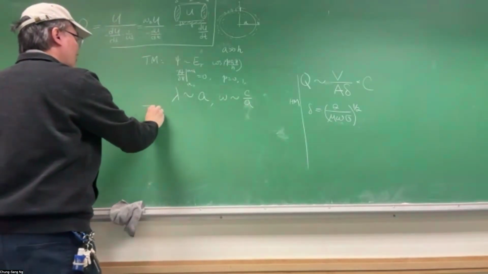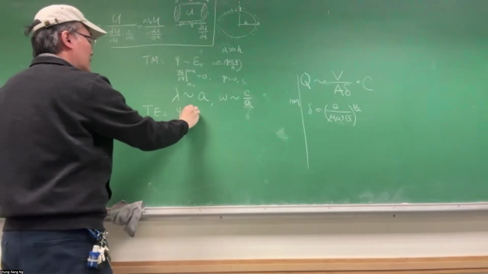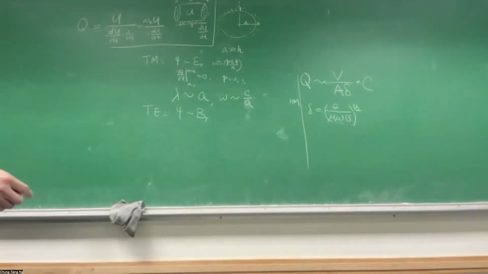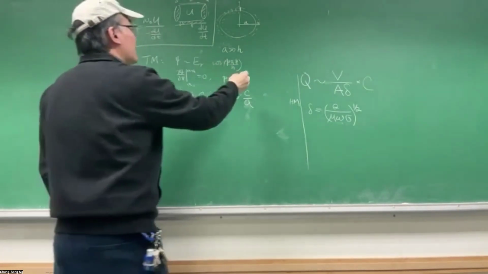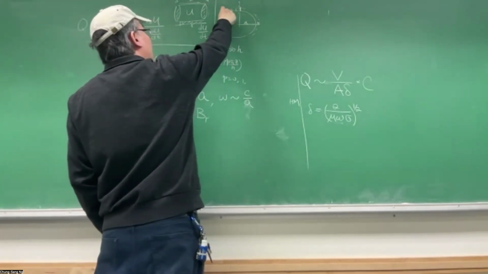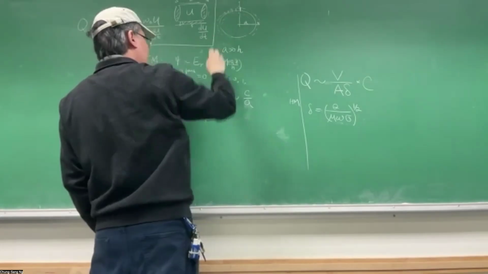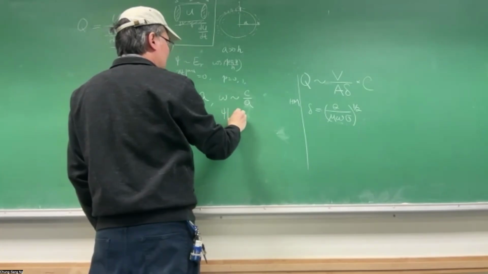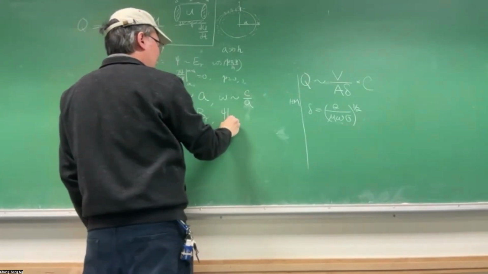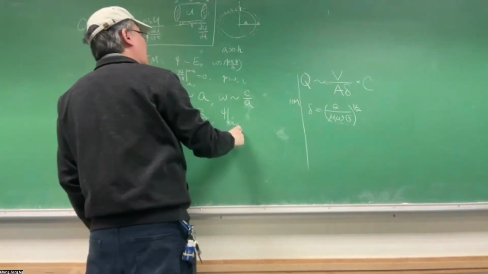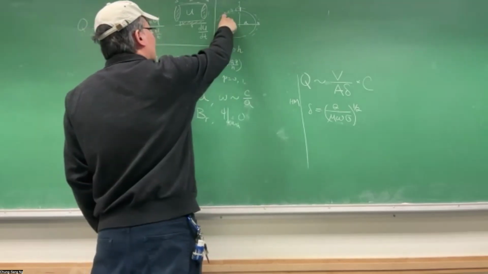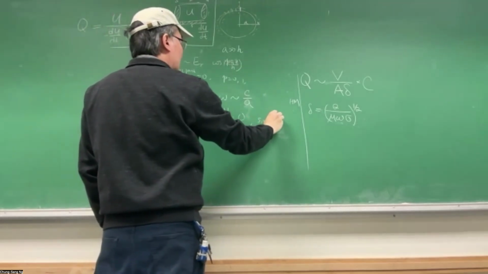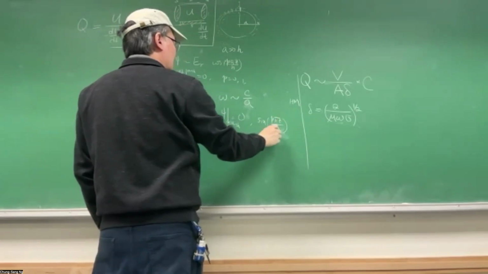For the TE mode, the psi is the magnetic field BR, right? And the perfect boundary condition is that BR should be 0 at the top and the bottom boundary. So it's given by sine instead of cosine, right?